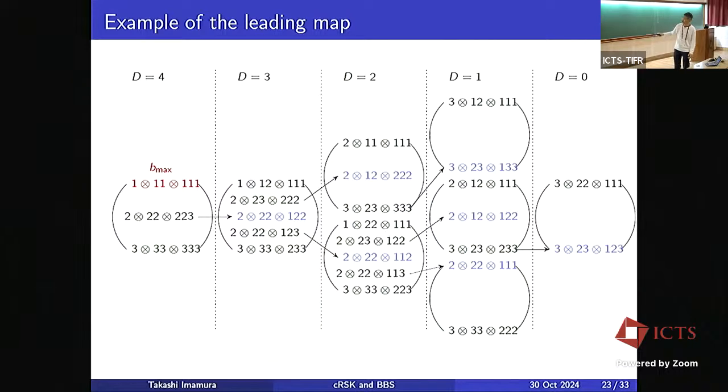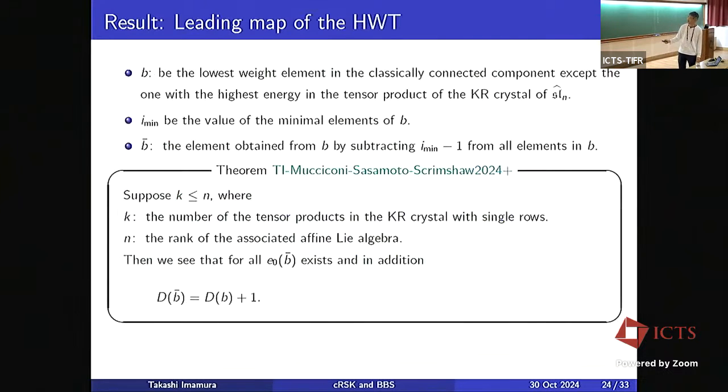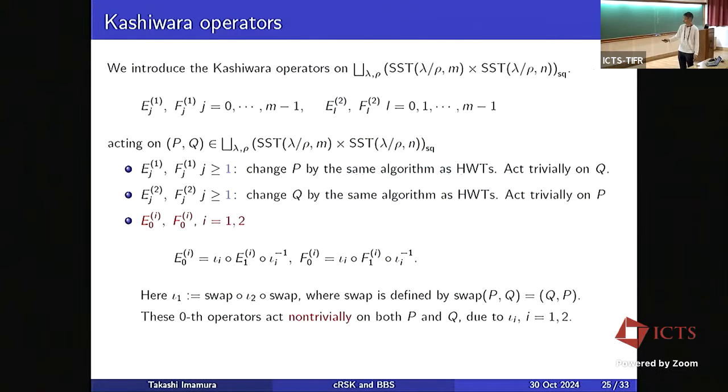By using these arrows, we can go to the B max from any element of the crystal. This is the result. Oh, sorry, I skipped things. This is the leading map of Kashiwara, the leading map of the HWT.